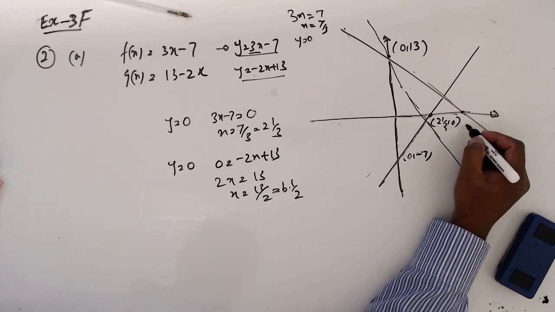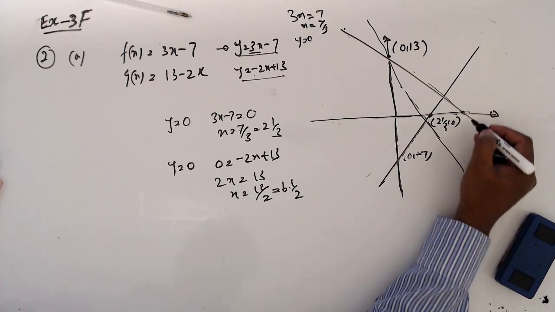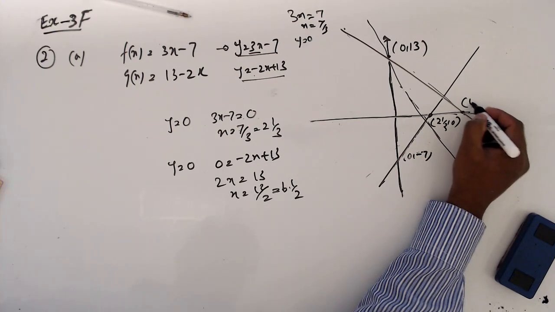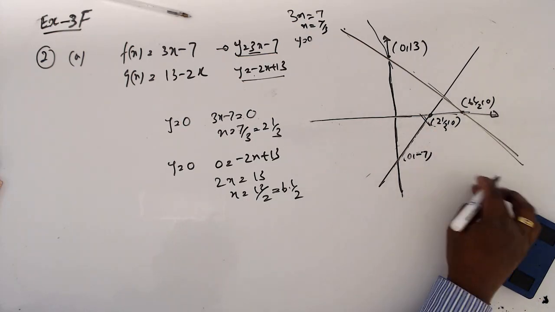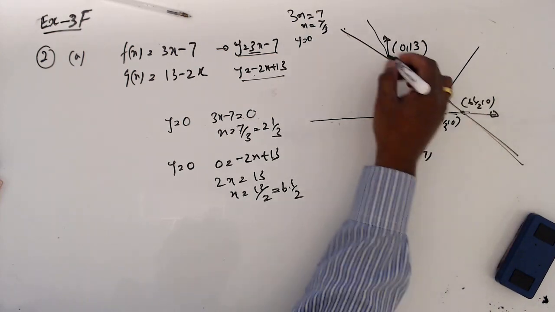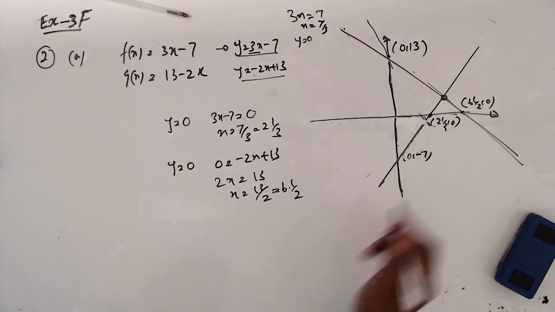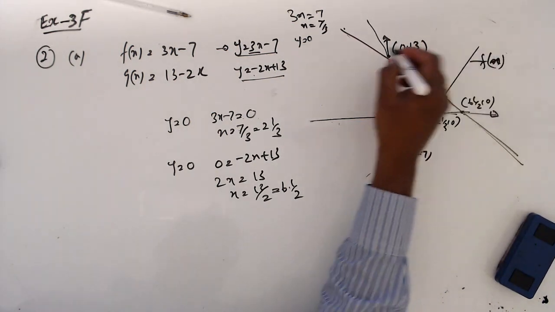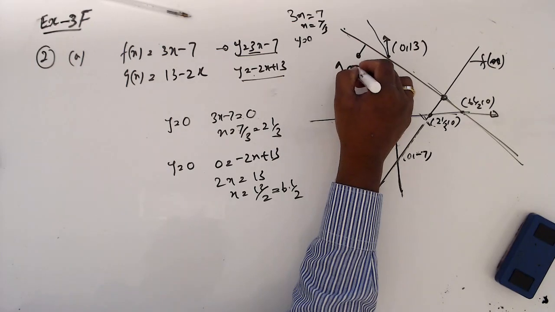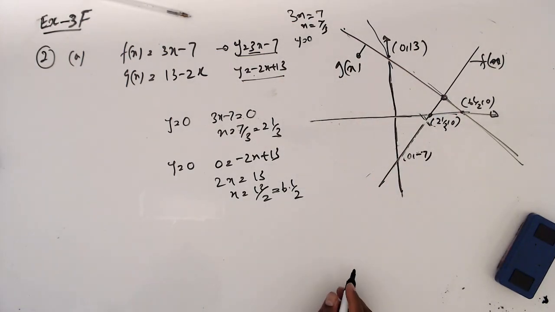So it is the point 6 and a half, 0. I can delete this one. So this is the intersection point. This is f(x) and this is g(x).